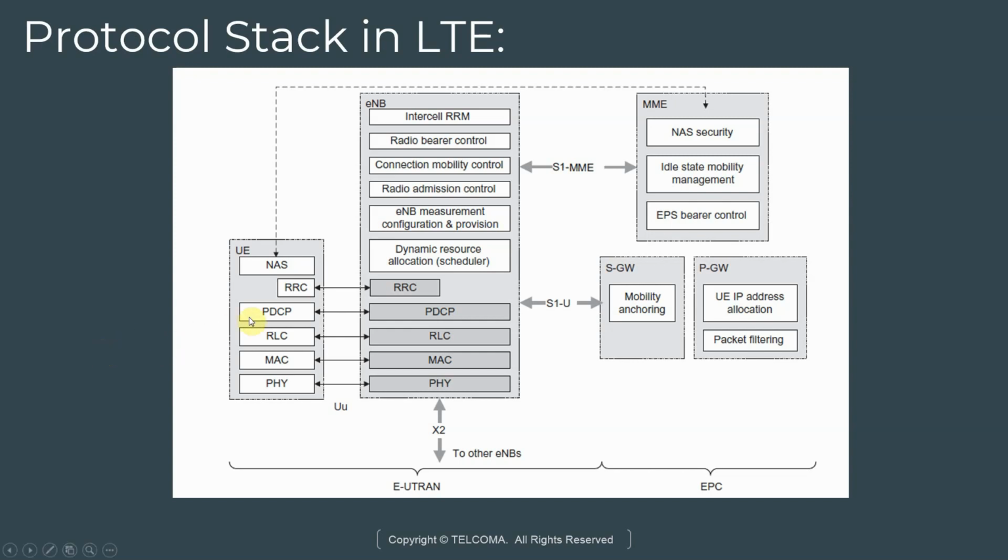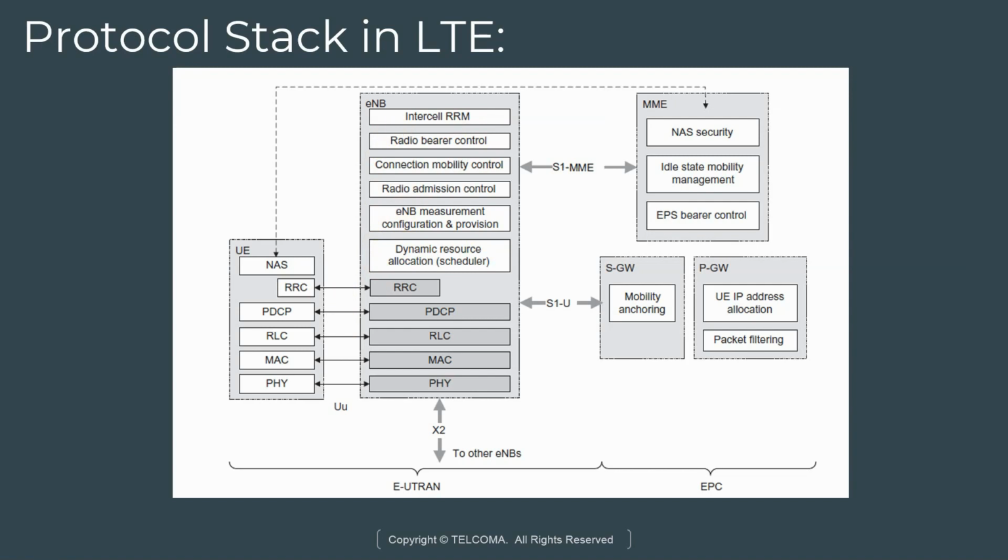Let's talk about some of the others here. On the eNodeB side, you have the same set of protocols on these layers, but in addition, you have some higher level functionality that's built in. First of all, let's see what a protocol is.